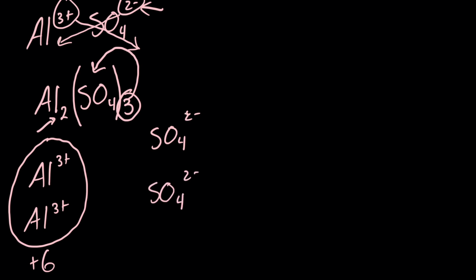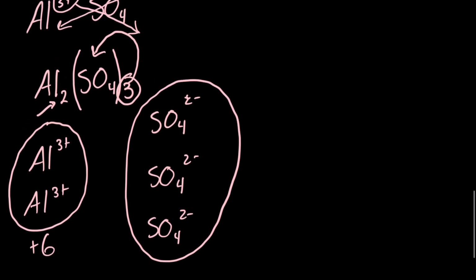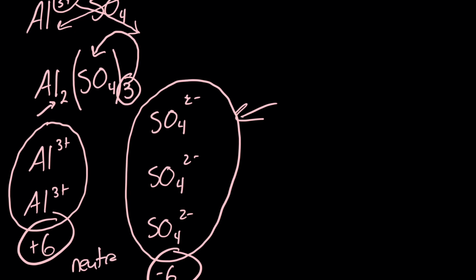So let me write out all of those. So we have 3 SO4, 2 negatives. And if we were to assign a charge to that bubble there, it would be -6, right? Because each sulfate or SO4 2- group has a 2 negative charge. So the +6 and the -6 charges, they neutralize one another, and we are left with a neutrally charged compound.